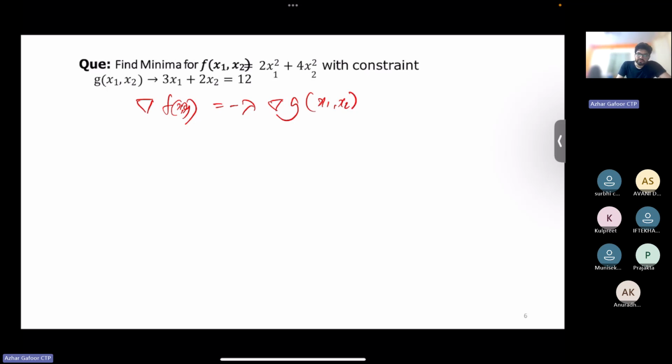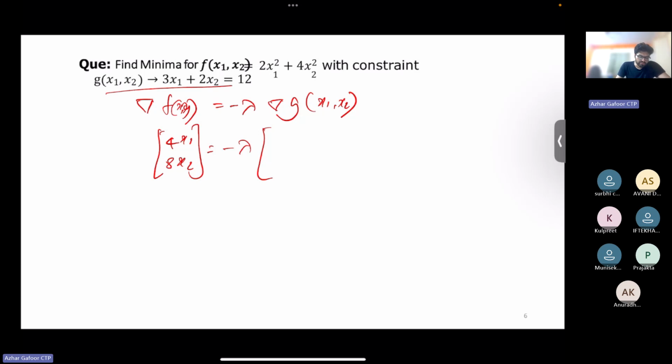So now we have to take the derivatives. We have multiple variables, so the gradient of f will be (4x1, 8x2), which is equal to minus lambda.